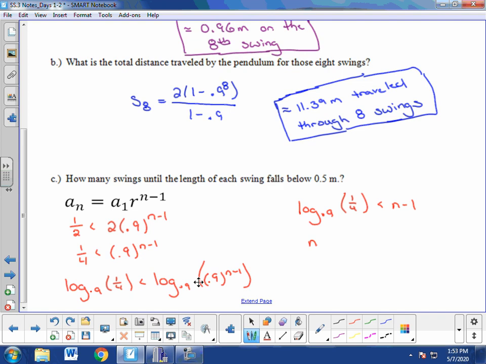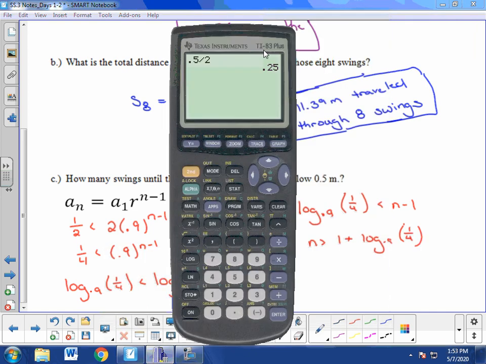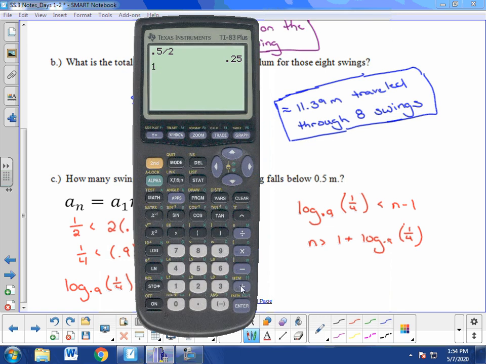So n has to be greater than 1 plus log base 0.9 of 1/4. To type that in, I can type 1 plus log of 1/4, using the change of base formula, divided by log of 0.9 or 9/10 if you put that in a fraction. And there we have it. n has to be greater than about 14.16.